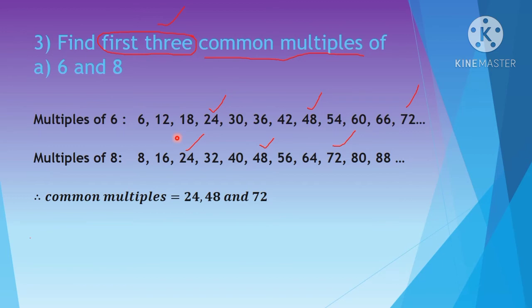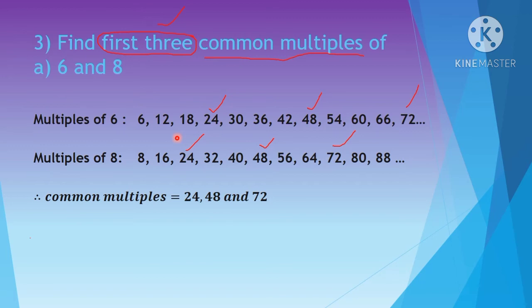Okay, the next problem, we're going to find the common multiples. Till now we have learned how to find the common factors. Now we are going to find the common multiples. So common multiple means how you will write down the multiples. What did I say, children? An easy method, just remember it. Write down the tables first.